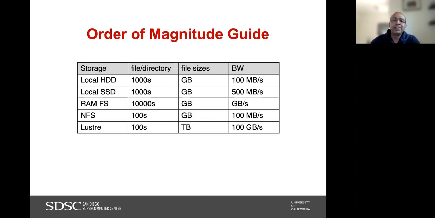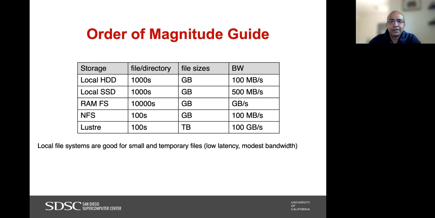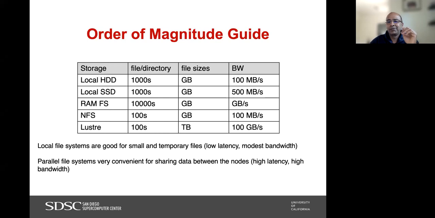And this gives a rough estimate of the kind of capacities and performance in terms of bandwidth we could expect from different storage technologies. Note that the numbers like 100 Mbps and 500 Mbps may not be really accurate. I just wanted to show how it would look in terms of the difference in magnitude of performance or capacities. Local file systems are good for small temporary files, whereas you need a parallel file system if your application has high I/O bandwidth.